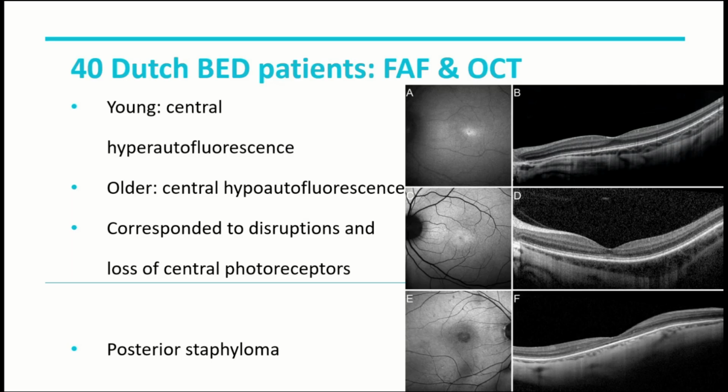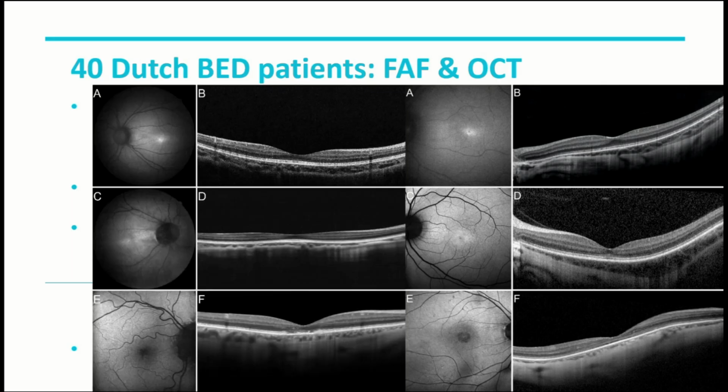We also saw posterior staphylomas in our cases, which is a hallmark of high myopia, or pathologic myopia, actually. And here are some other cases that represent the same. If you look at the bottom, you can see that with increasing age, the retina thins.